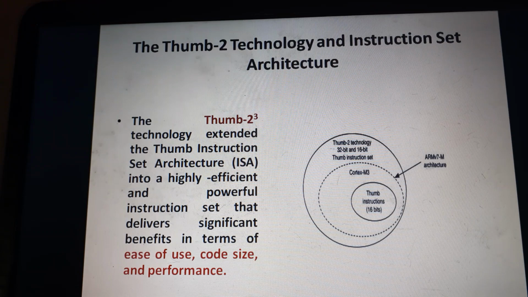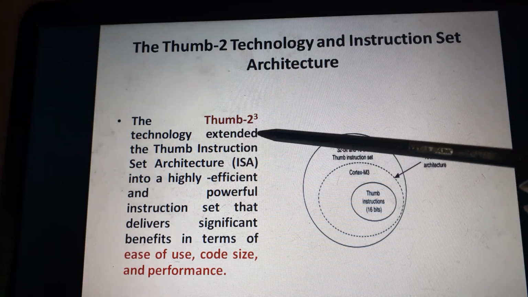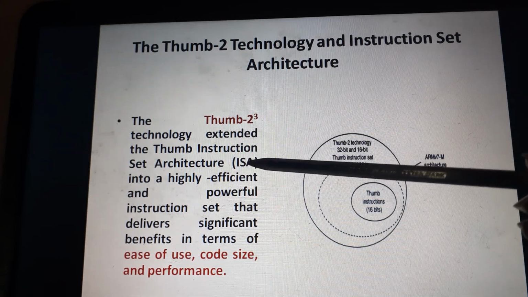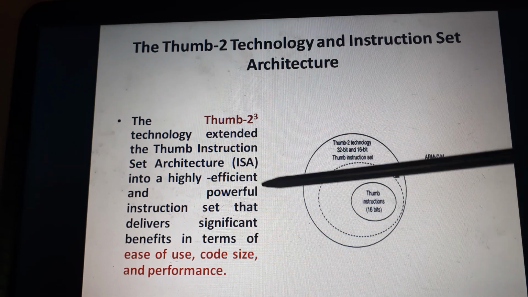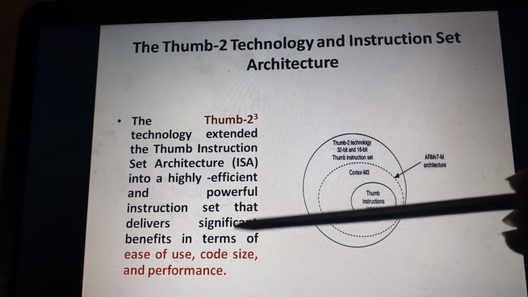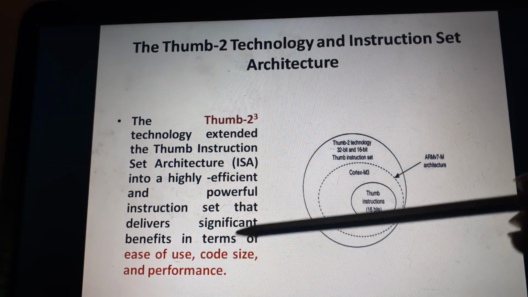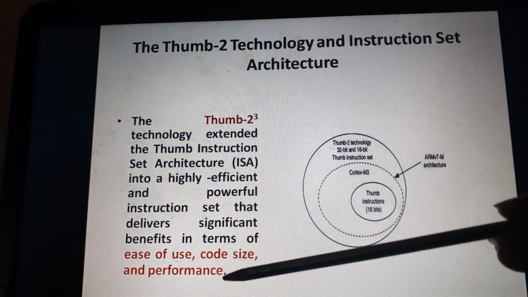Thumb 2 consists of some decision making instructions as well as some powerful math related instructions to handle complicated operations. It delivers significant benefits in terms of ease of use, code size, and performance.